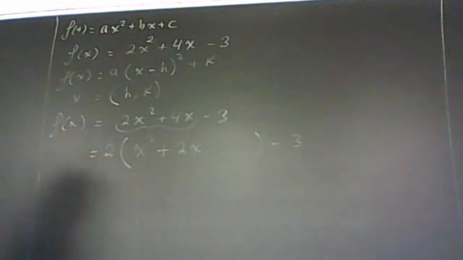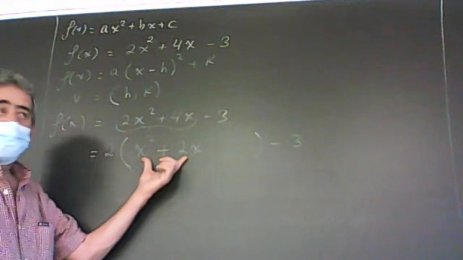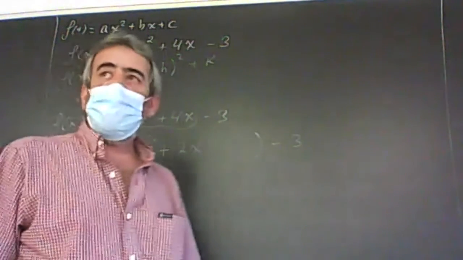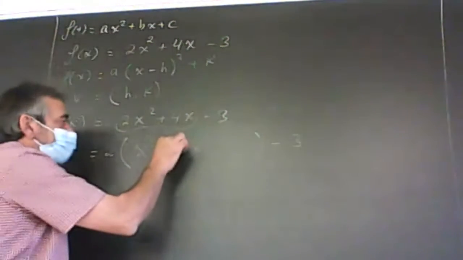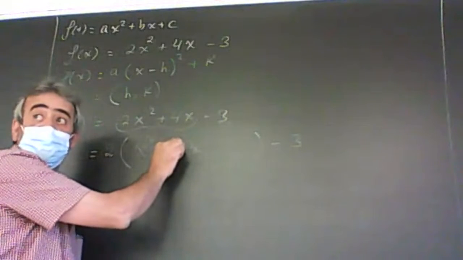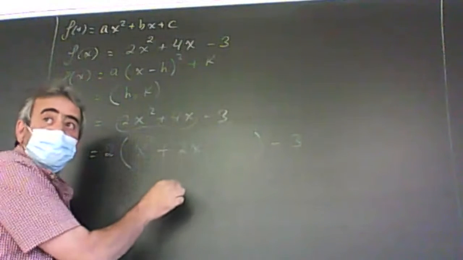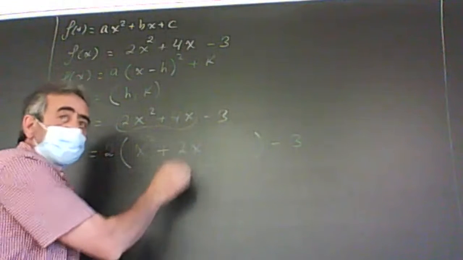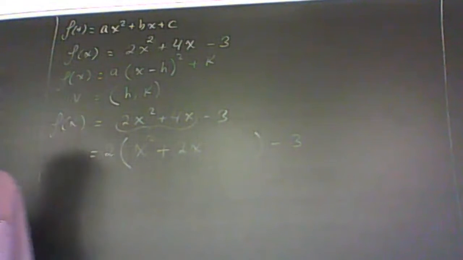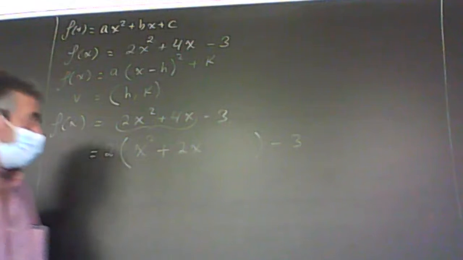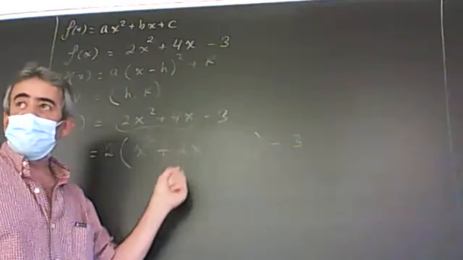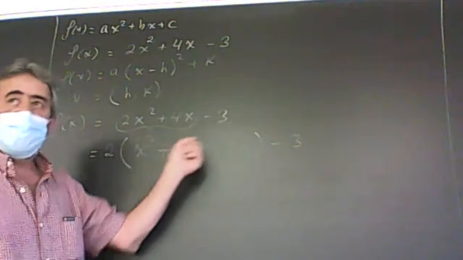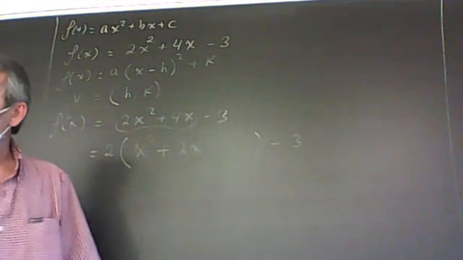Now, let's work with this. To complete the square on this one, we said we take this number in front of x, we divide that by 2, and then we square the result. So far, so good. So let's do that. 2 divided by 2 is 1. We square 1, we get 1.